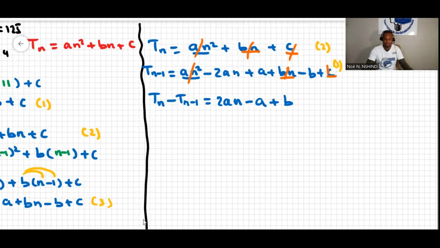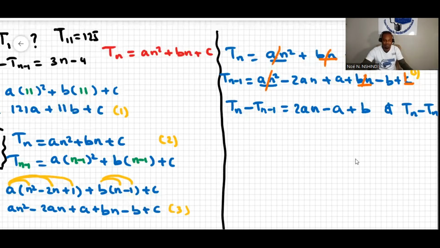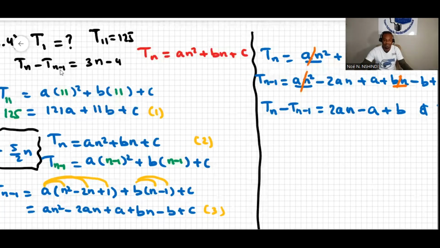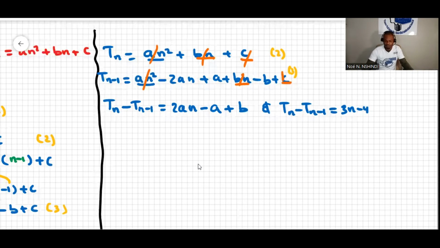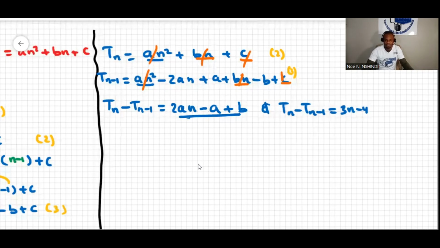So remember, Tn minus Tn minus 1 is also equal to 3n minus 4. This is what was given. So we have this equal to that, because it's a simultaneous equation, right?